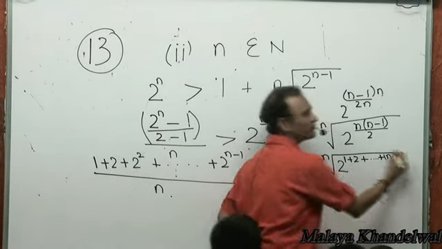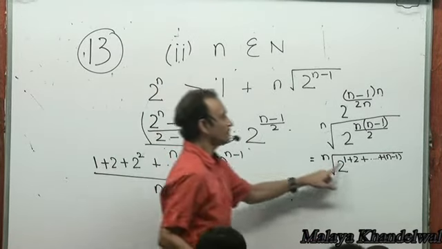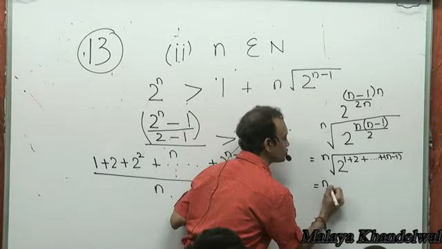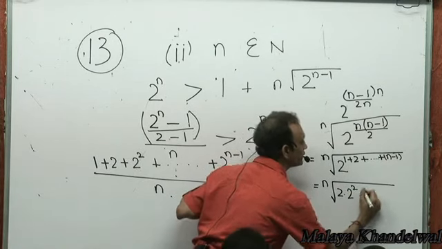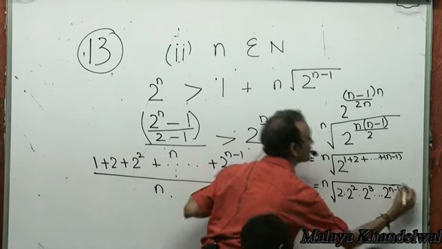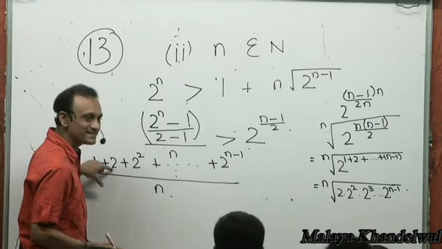I have done the sum of the first n natural numbers, sum of the squares, sum of the cubes, etc. Which is like nth root of 2 into 2 squared into 2 cubed into 2 to the power n minus 1. Yes or no? Which is the geometric mean of these numbers?